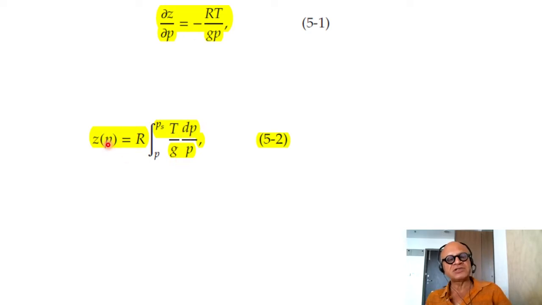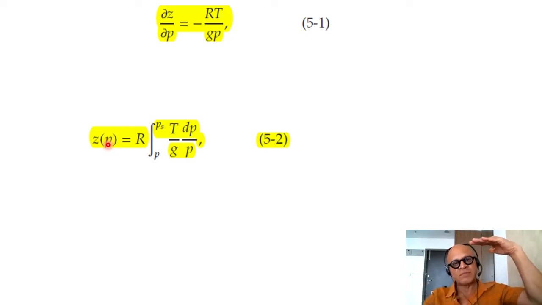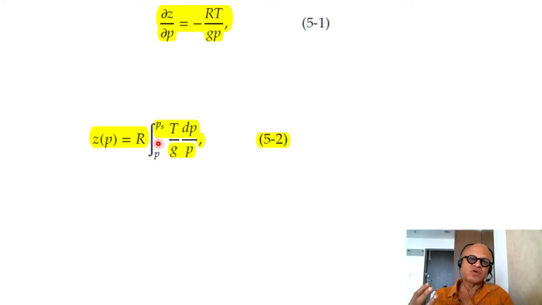This is just saying that the height of any pressure surface is a function of the temperature below that. So if you integrate this function from the surface to some p, then the height of that p is determined by how warm the temperatures are below that. This is what we already saw when we saw the temperature distribution in the zonal mean meridional.